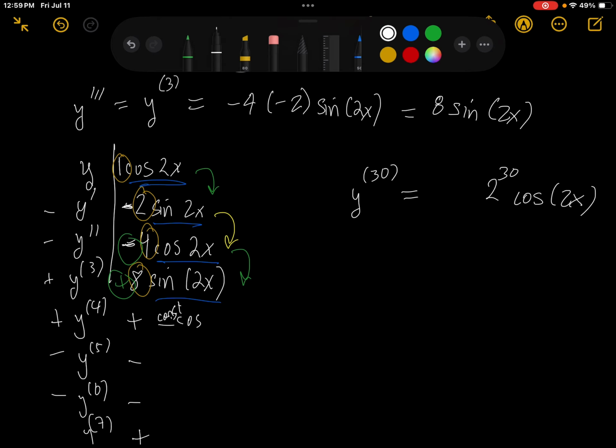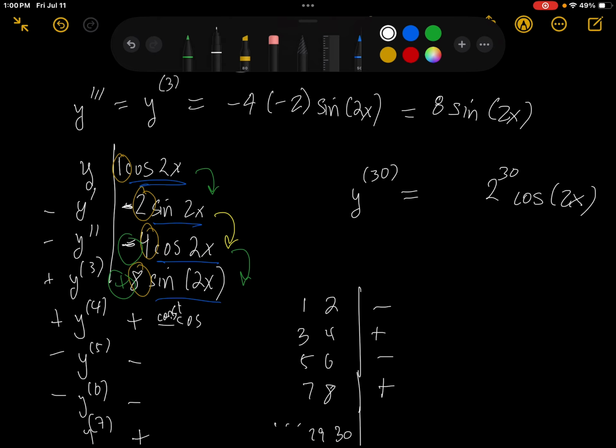Well, one way I think about it is, let's just write down the numbers for the derivative. So for derivatives 1 and 2, it's minus, right? And then for derivatives 3 and 4, it's plus. Then for derivatives 5 and 6, it's minus. For derivatives 7 and 8, it's plus. So then eventually you're going to get 29 and 30.